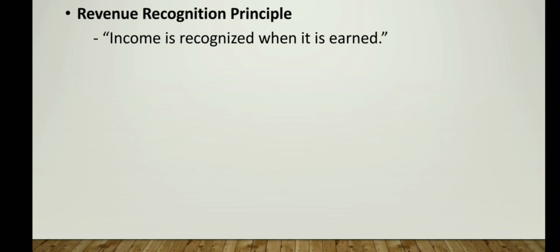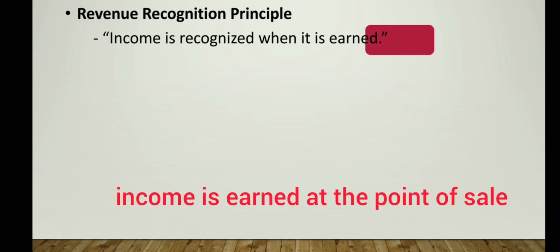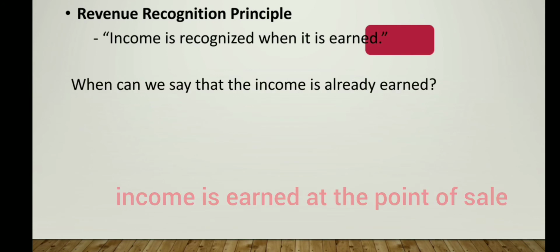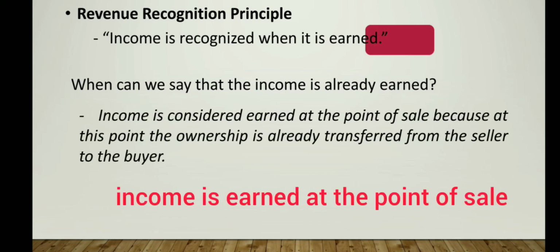So the question right now is, when can we say that the income is already earned? So normally, income is considered earned at the point of sale because at this point, the ownership is already transferred from the seller to the buyer.